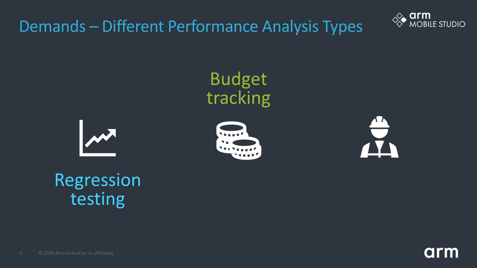The next is budget tracking. This is the next logical step beyond reactive tracking. You proactively set performance budgets in terms of performance metrics like cycles and bytes per frame, or content metrics like vertices and pixels per frame, permissible levels of overdraw, etc., and then track current state against those targets.